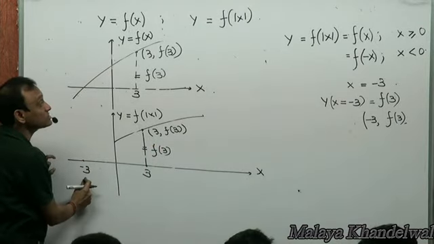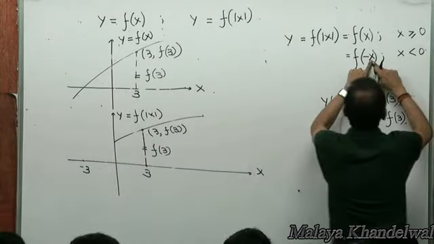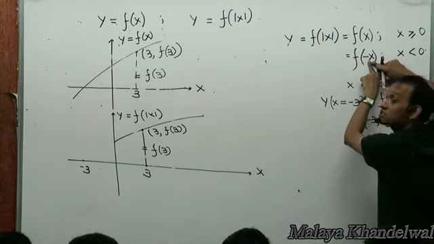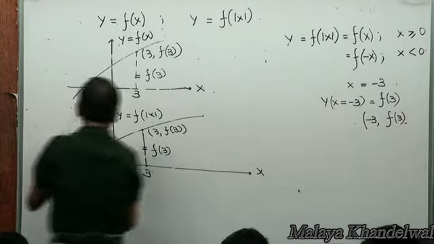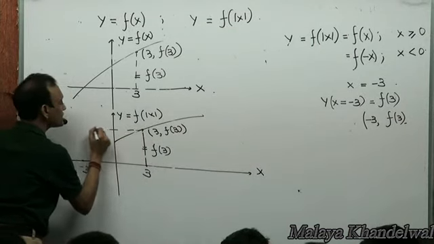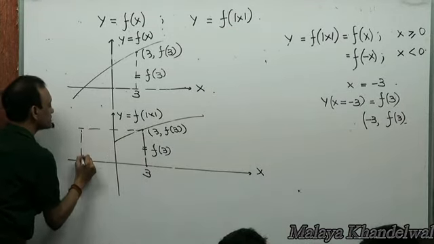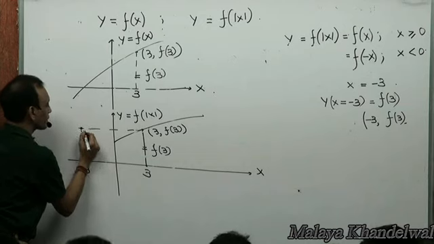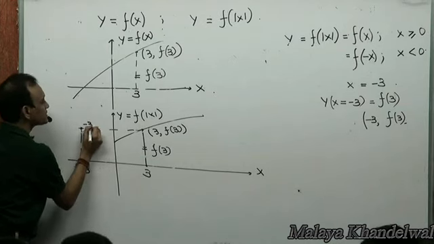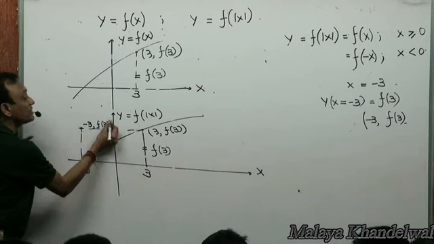When x is minus 3, y will still be plus f3. That means f of 3 is this length. When x is minus 3, y will still be f3. Yes or no?